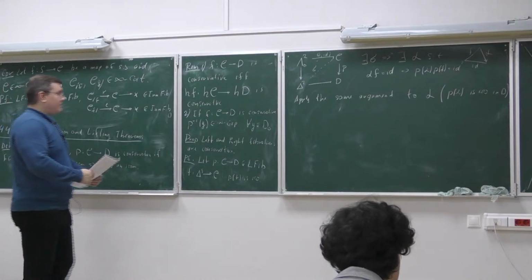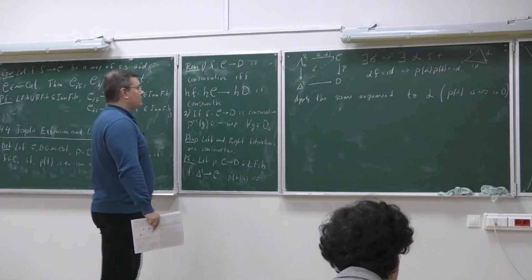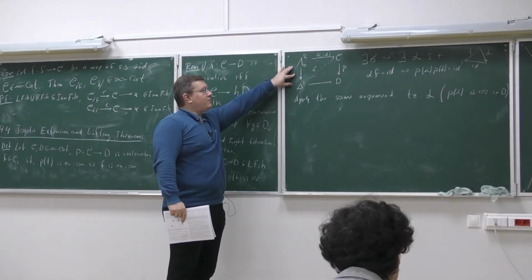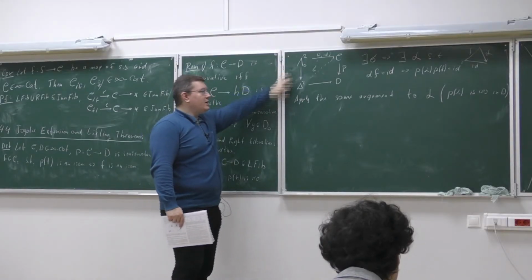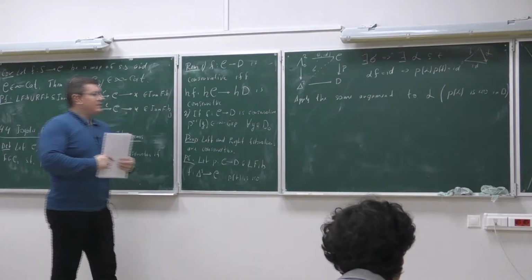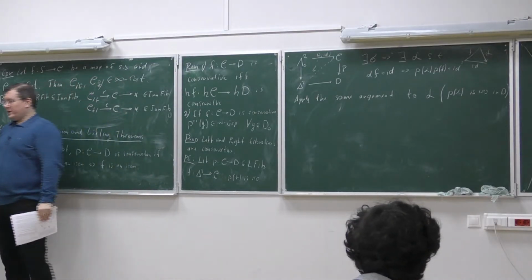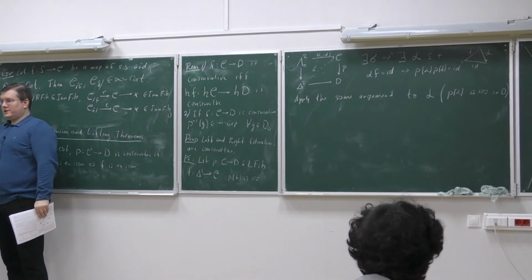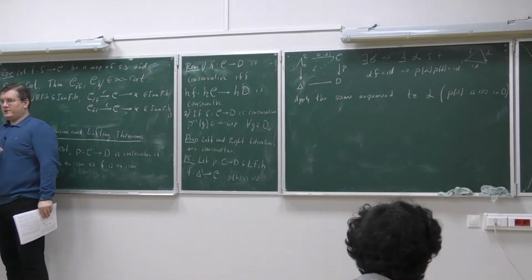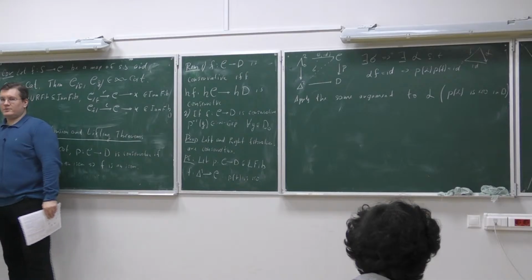So this alpha satisfies the same assumptions, so the lifting problem for alpha again makes sense and has a solution. So then I'll get that alpha also has a left inverse. But now this alpha has a left inverse, and f is the right inverse for alpha. Hence, alpha is invertible, hence f is invertible.